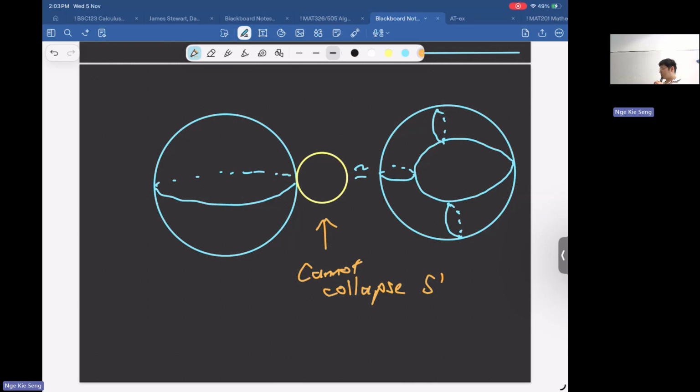But there's one way to go from here to there: by attaching a map. By attaching a map you can do it, but you cannot do it by contracting a subspace. You could attach your map like this, slowly pushing your S2 around this S1. This is done by attaching a map.